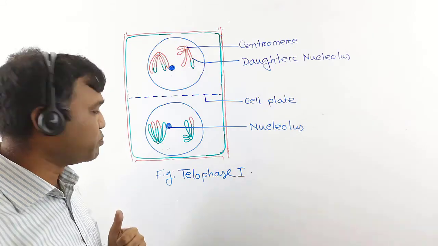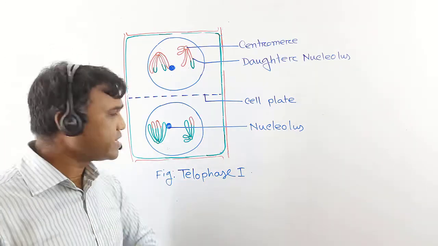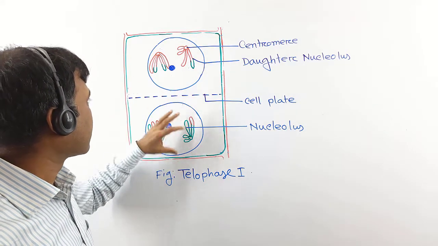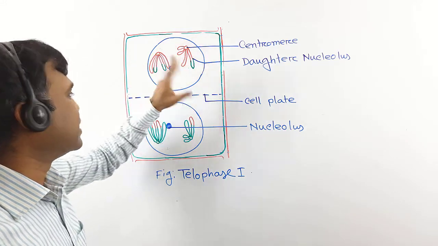Last stage of meiosis one, telophase one. In this stage, the chromosome which reaches the opposite pole is covered by a nuclear membrane.